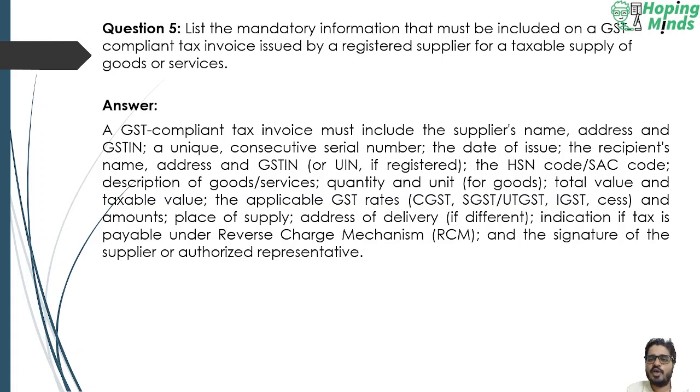Then the date of issue of invoice, the recipient's name, address and GSTIN or UIN if registered, the HSN code, SAC codes, description of goods or services, quantity and unit for goods, total value and taxable value, the applicable GST rates, that is CGST, SGST, UTGST or IGST, along with cess and amounts, place of supply, address of delivery if different, that is in case of bill to ship to transactions, indicating if tax is payable under reverse charge mechanism, and the signature of the supplier or authorized representatives.